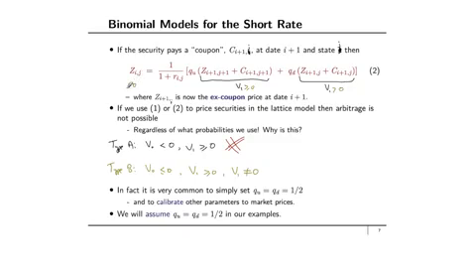Well, again, this isn't possible. Q_U and Q_D are both strictly positive. So if all of this is greater than or equal to 0, then Q_U times this is greater than or equal to 0, and Q_D times this is strictly greater than 0, so Z_ij must be strictly greater than 0. This situation is not possible. So again, we see that a type B arbitrage is not possible when we price like this.